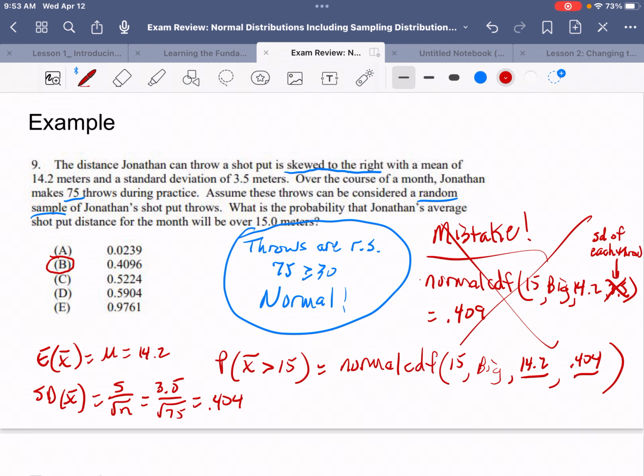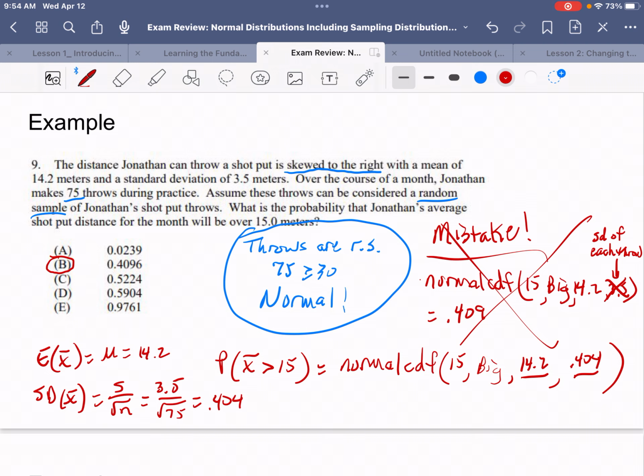of the average. So now let's press menu and go down to statistics, down to distributions, normal CDF, lower bound 15, upper bound some big number, the mean 14.2, and the standard deviation 0.404, and say okay.